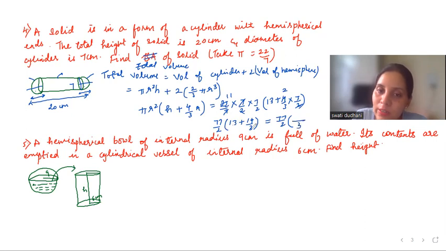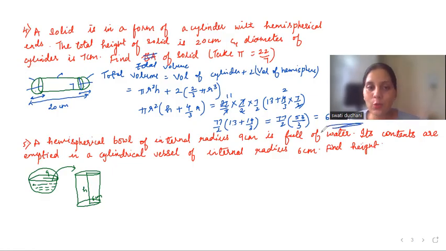So 13 into 3 is 39. 39 plus 14 will give us 53. So upon simplification, we get 680.16 centimeter cube. So this is the total volume of the solid.